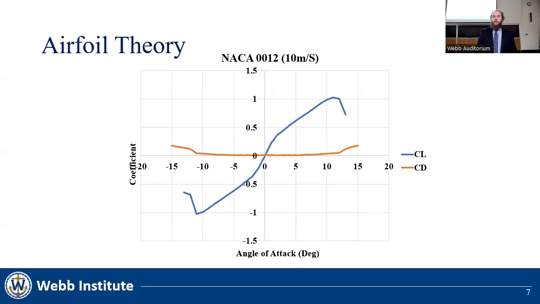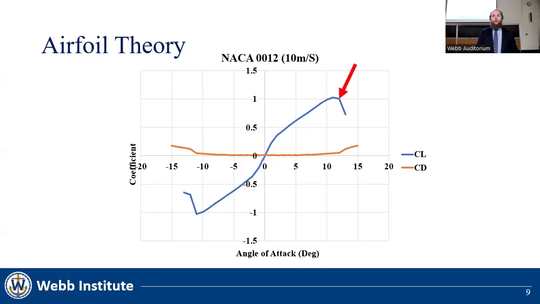The x-axis shows the angle of attack of the foil, while the y-axis shows the magnitude of the lift and drag coefficients. As the angle of attack of a foil changes, so do the lift and drag forces acting on it. As the angle of attack increases, we expect to see an increase in lift, with a relatively small increase in drag.